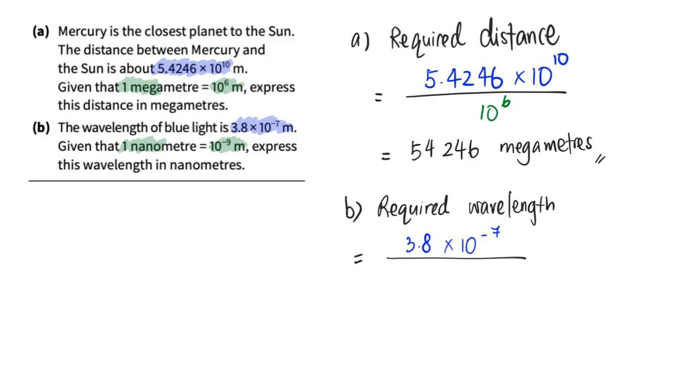I just need to divide by 10 negative 9, and this will give me the required wavelength in nanometers, 380 nanometers. Let's move on to the next question.